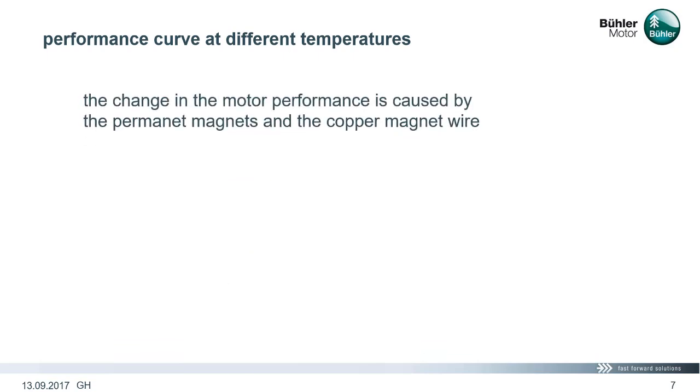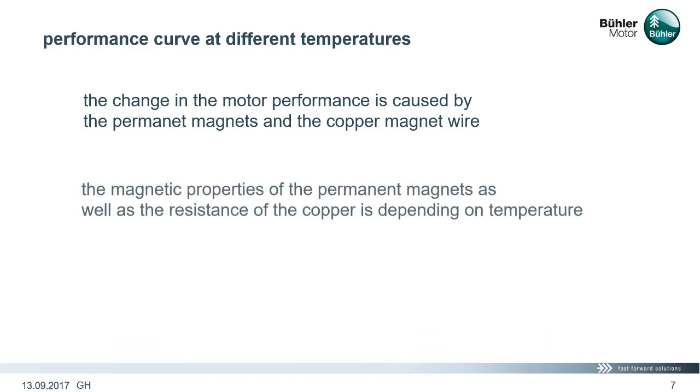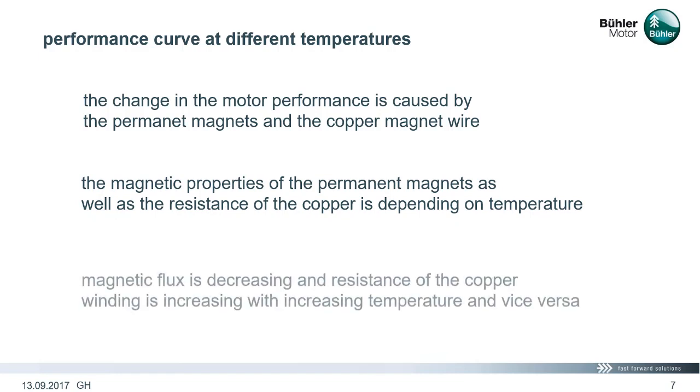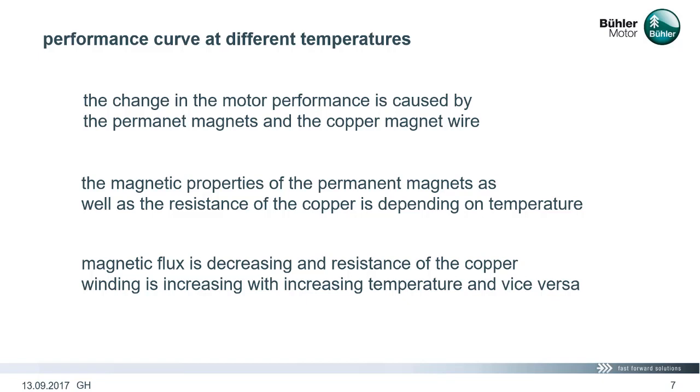The change in the motor performance is caused by the permanent magnets and the copper magnet wire. The magnetic properties of the permanent magnets as well as the resistance of the copper are dependent on temperature. Magnetic flux is decreasing and resistance of the copper winding is increasing with increasing temperature, and vice versa.